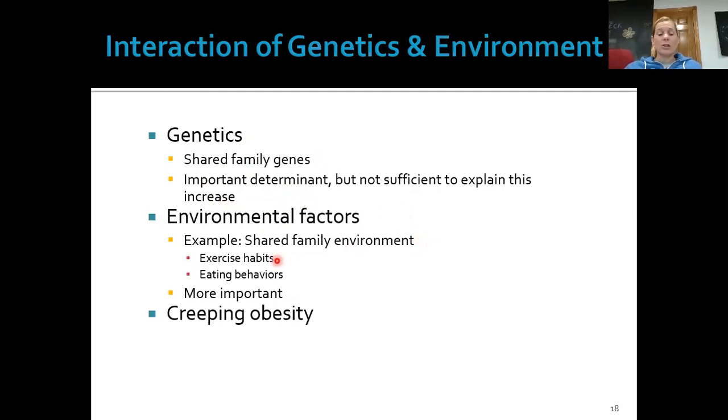What are you doing exercise wise? What are you doing to eat well? These things we learn from our families. So I want you to think about your exercise habits. Did you begin exercising because that's something you did as a family? Or did you not exercise because that's not something that your parents modeled?